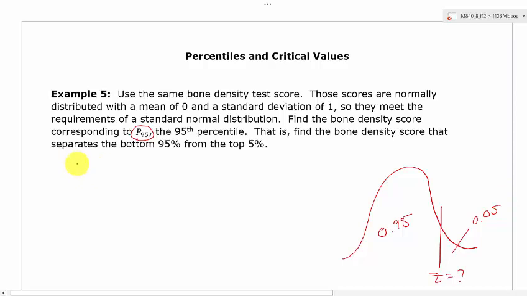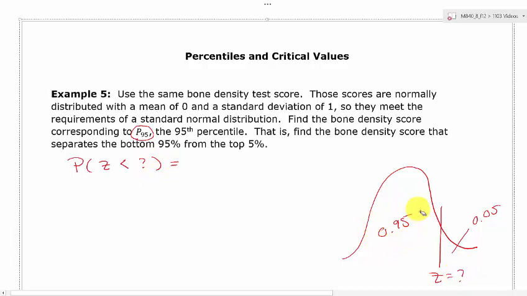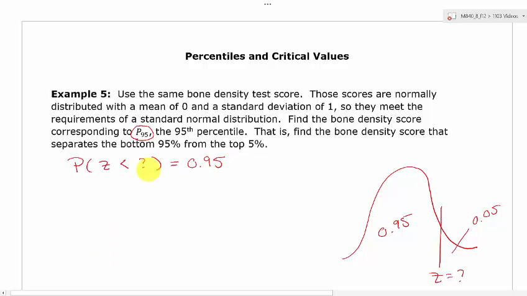So basically we want to use our standard normal distribution table. We're looking for the probability that z is less than some number, and the probability would be 0.95. So this is going to be some positive z value.